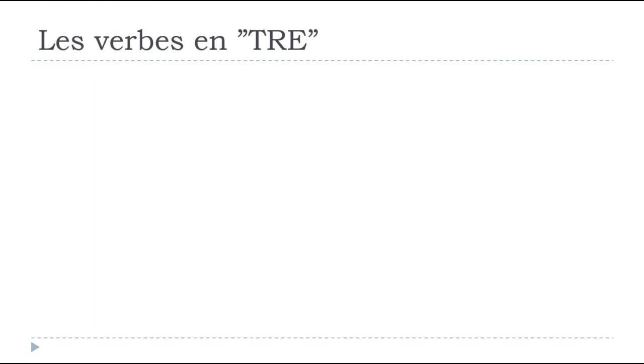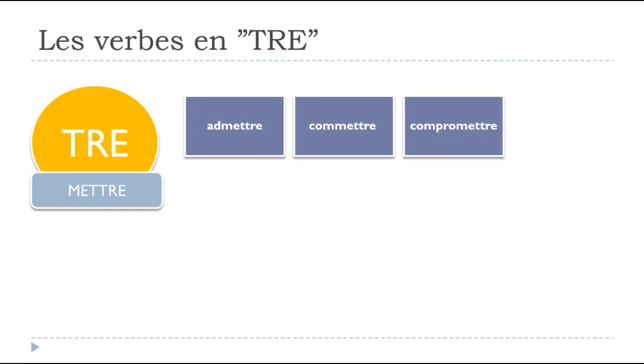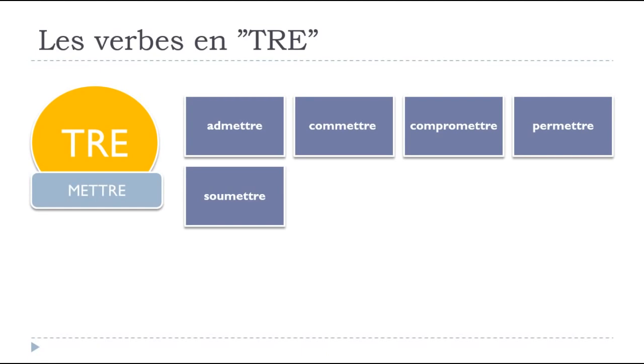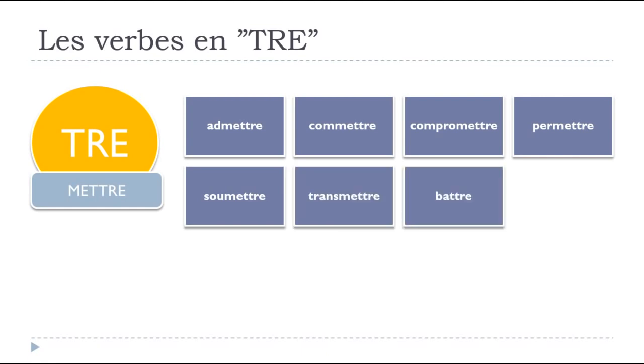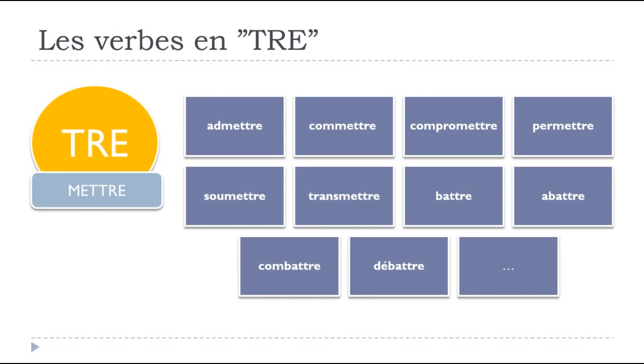Now let's see a few verbs that are conjugated like mettre: admettre, commettre, compromettre, permettre, soumettre, transmettre, battre, abattre, combattre, débattre, and a few others.